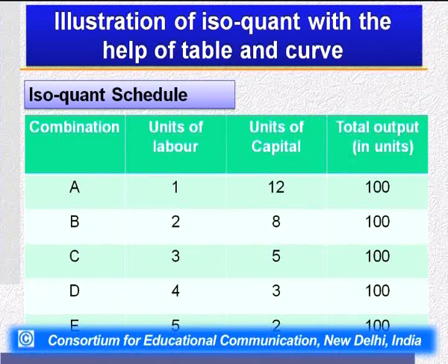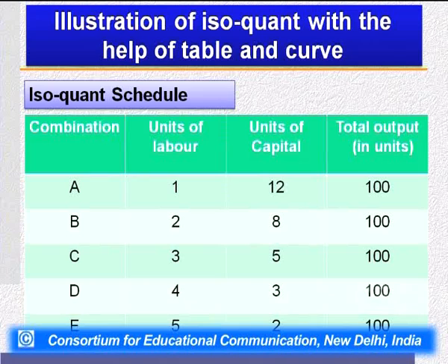With the help of a schedule, we can draw a table, and it would be helpful to understand what I mean. Here is the isoquant schedule. You can see combinations A, B, C, D, E. Units of labor are 1, 2, 3, 4, 5. Units of capital are 12, 8, 5, 3, 2.